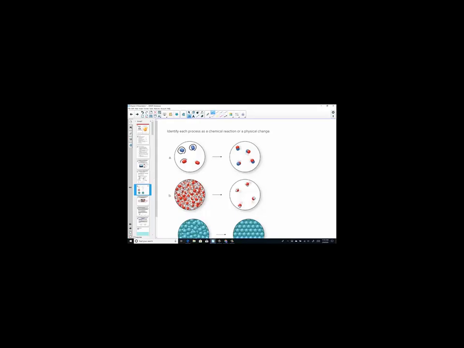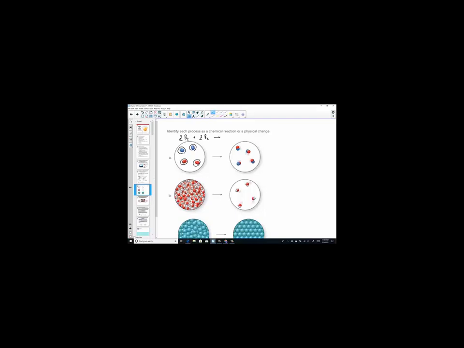And over here I have two molecules of a diatomic red atom, so two atoms of the red ball bonded together. Let's just use B to represent the blue, so there are two molecules of B2.